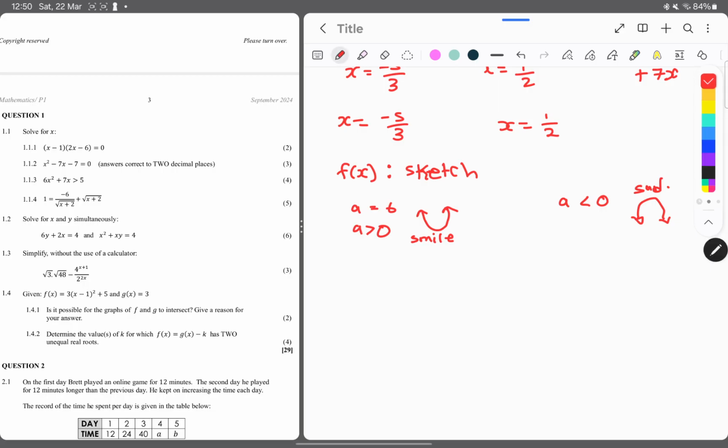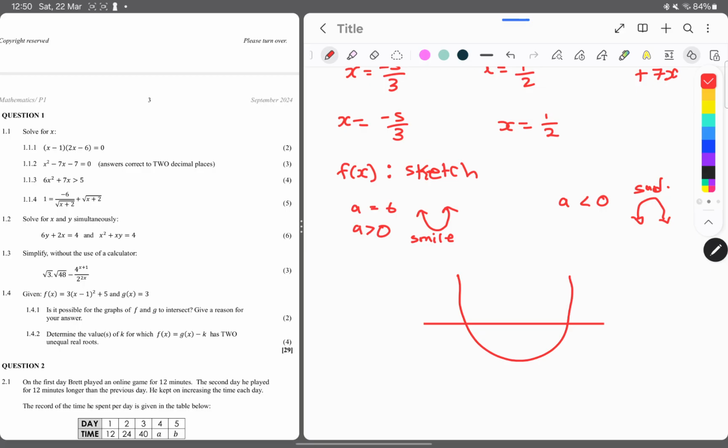Now, to sketch the graph, we will then just a few tricks there. Have that, and our graph is smiling. And then we have our minus 5 over 3 and our 1 over 2. Sorry about that. Then we look at it and say, what did it say?